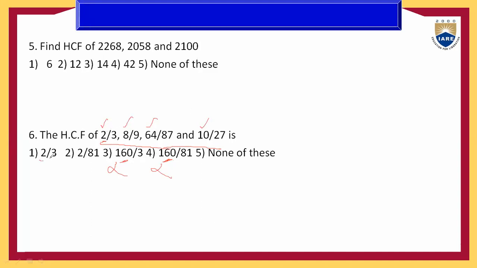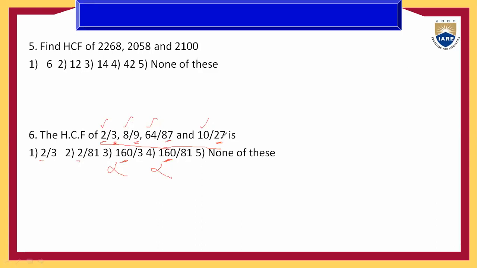So now in these two cases, the least value is 2. 2 divides 8? Yes. 2 divides 64? Yes. 2 divides 10? Yes. Next, for the denominator values 3, 9, 87, 27, find the LCM.